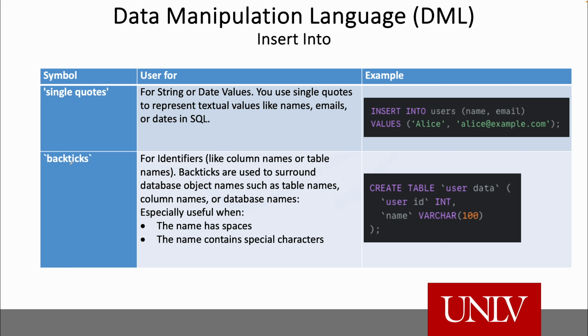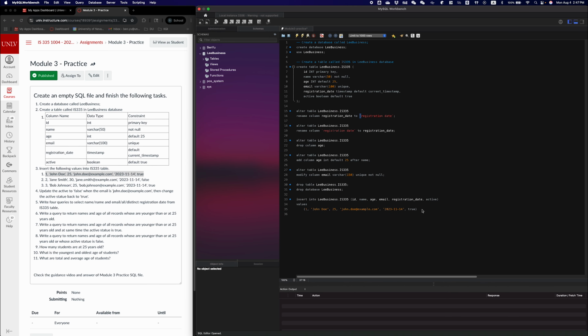The backticks are used to surround database object names, like the database name and column names, especially useful when the names have a space or contain some special characters. And now let's keep working on this one. We'll copy paste the values into this table.